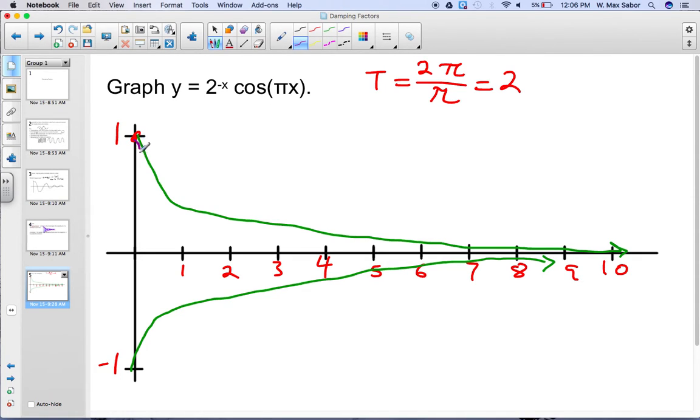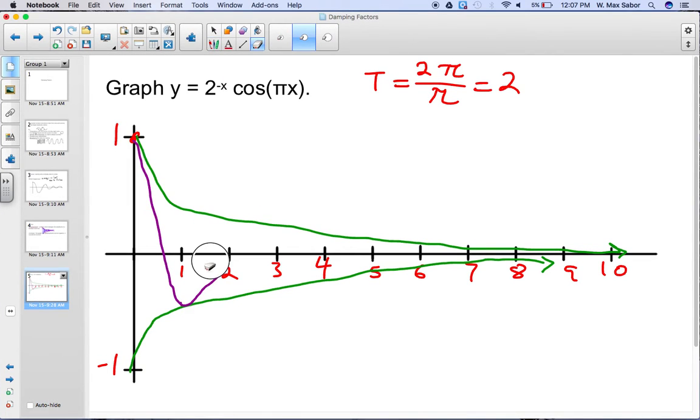But if we were to graph this, we would take a maximum, and then it'd go down to a minimum, but that minimum wouldn't be all the way at -1. We'd put that minimum down here between -1 and 1, where 2 to the negative x would be. And then the next maximum would occur on the damping factor, and then it goes back to equilibrium, and then the amplitude is getting smaller and smaller.